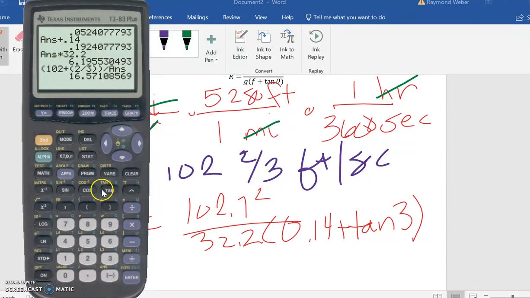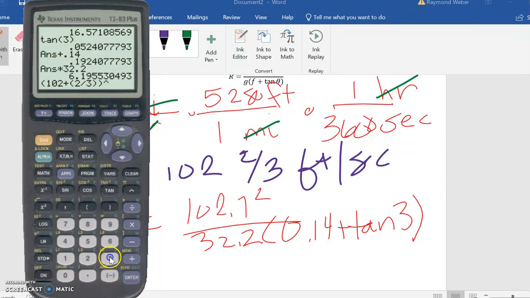So I'm going to do tangent of 3 plus 0.14 times 32.2. Then in my numerator, I have 102 plus 2/3.